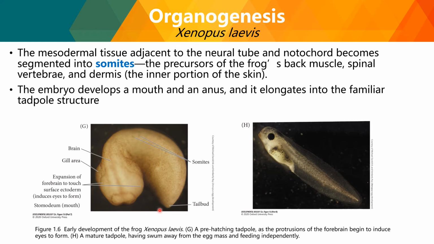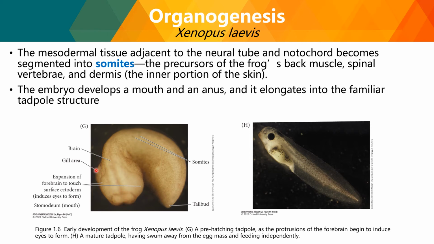So, in here, you see that in letter G, it's a pre-hatching tadpole. So, you see here now the protrusions of the forebrain. So, these parts already parang depict the surface ectoderm for the eyes. And then, meron na din siyang stomodium or the mouth.